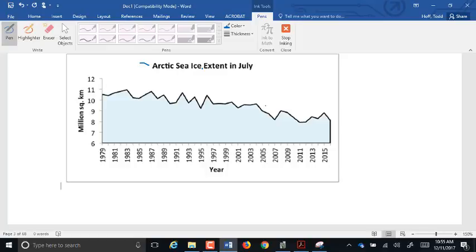So they measured it in July every year. And what they're showing here, starting in 1979 and going to 2015, it appears as though that ice extent, the size of the ice caps, is shrinking.